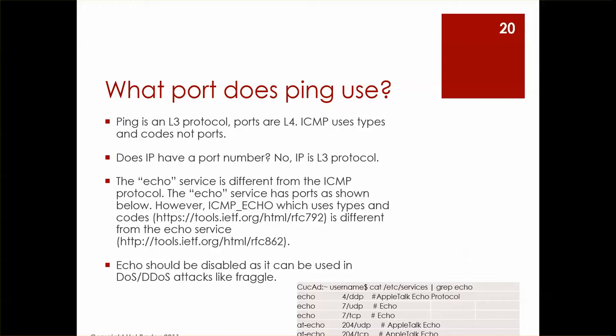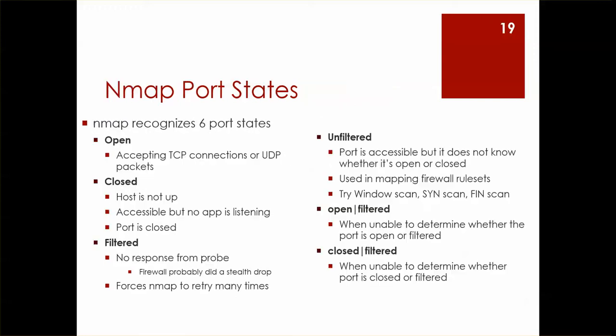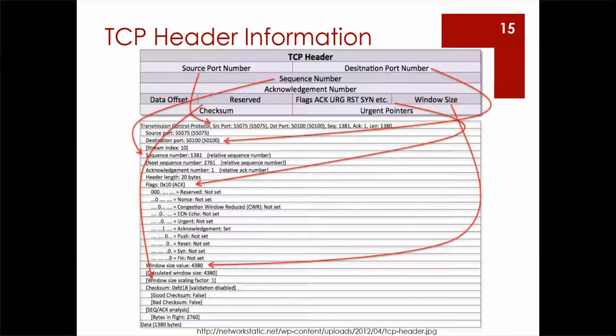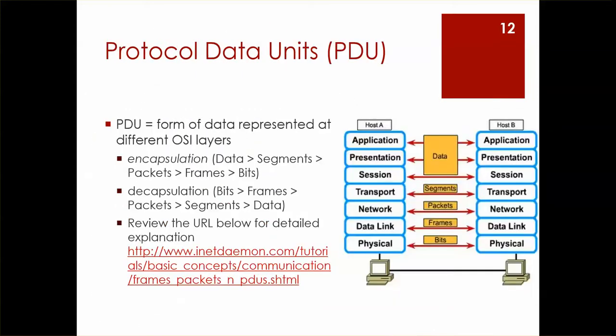The ping command is utilizing ICMP, Internet Control Message Protocol, working with IP, which is at the network layer of our OSI model. If we go back here, we have the network layer, where ports are at the transport layer.